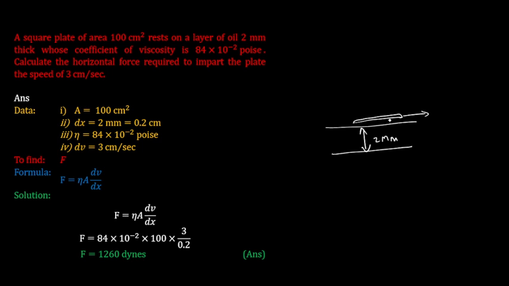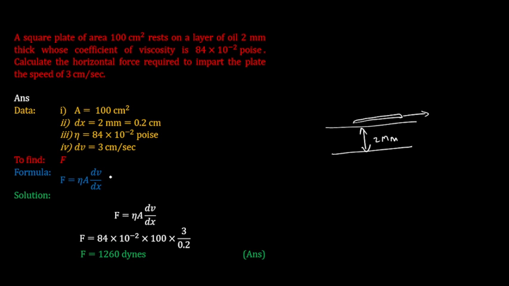When we pull the plate above, the upper layer of the liquid begins to move, and because of the relative motion of the layers of liquid, there are forces of friction between the different layers of the liquid, and that force of friction gives rise to the viscosity of the fluid. This problem is based upon a simple formula that gives us the viscous force.